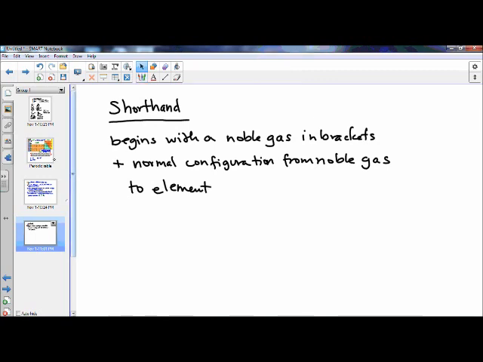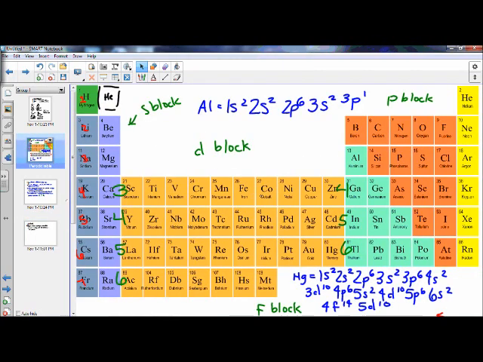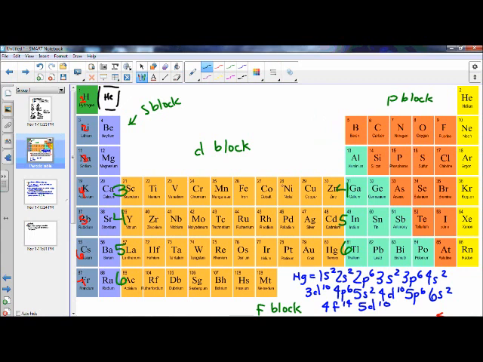Okay, so let's take a look at that. Let's say I want to do the shorthand configuration. Here, I'm going to erase this. For the element cobalt. Now, which noble gas do I pick? Well, what you do is you pick the noble gas at the end of the row above your element.